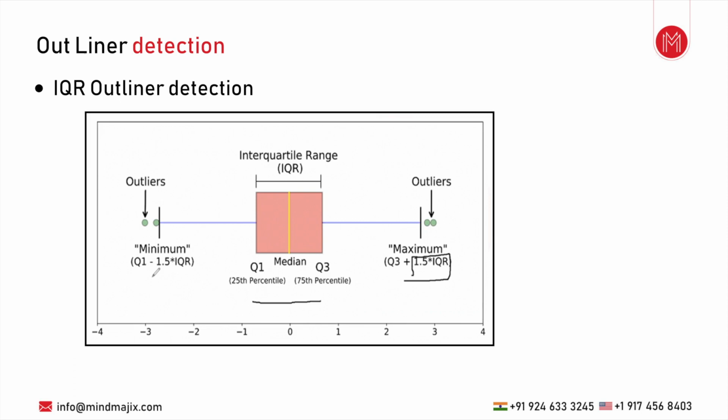For Q1, I'm going in this direction. For Q3, I'm going in this direction. Any value which is away from these margins, you see this line, that indicates these values are outliers and we should do something about it. We have around four outliers in this picture which are predicted by IQR.